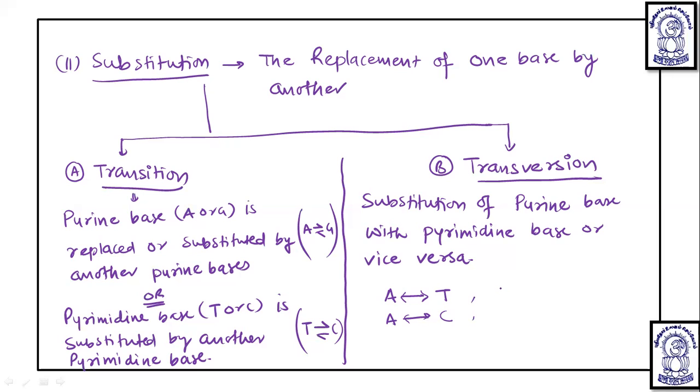Or we can say, guanine is changed to thymine, or thymine to guanine, or guanine is changed to cytosine, or cytosine is replaced by guanine. So these four combinations can occur in the case of transversion: A replaced by T, A by C, T by A, C by A, G by T, T by G, G by C, or C by G. Then in a DNA or nucleotide sequence, that is a transition and transversion. Okay.